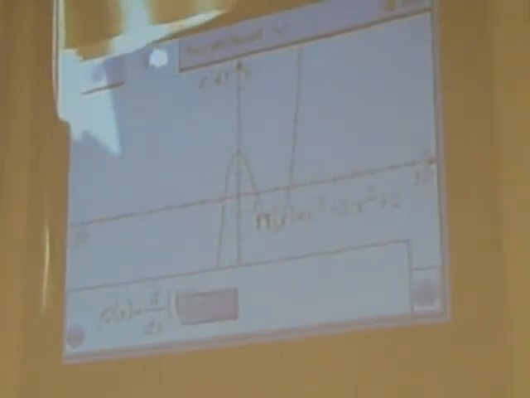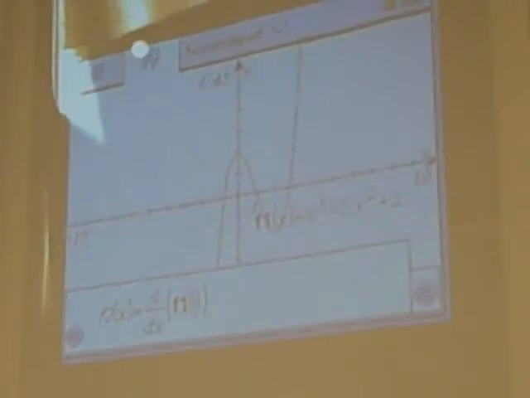Hit the first one. Now I want the derivative with respect to x. Then we do vars, f1, x, double parentheses, because I want the derivative of f1, and you have to put in the with respect to x. Hit enter. There's the first derivative.